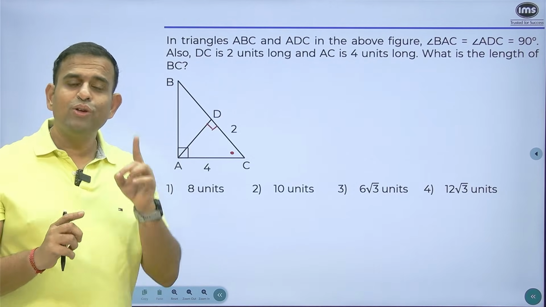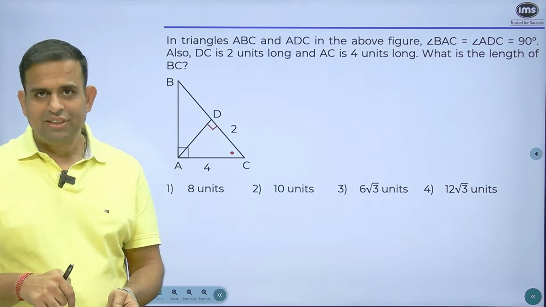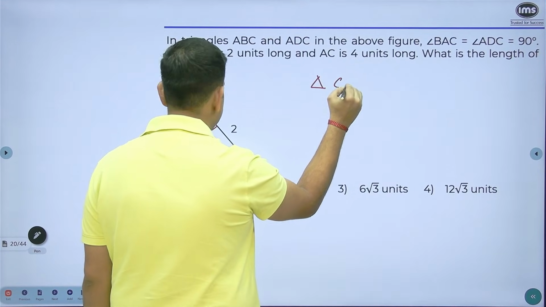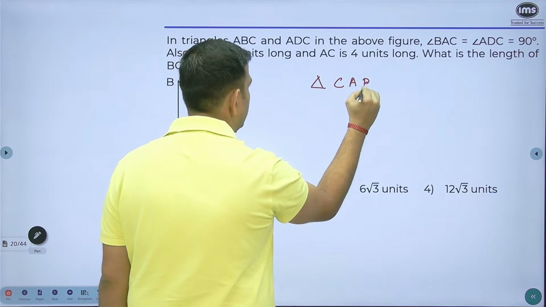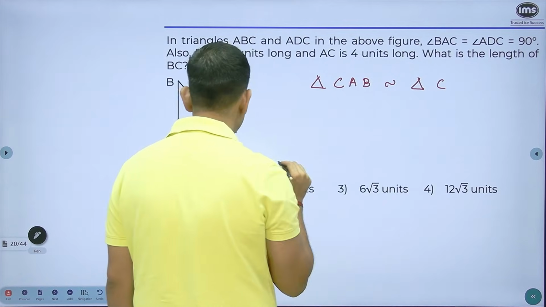So I will think about the concept of similarity, and with the help of the angle test, I can say the triangle CAB is similar to the smaller triangle CDA.